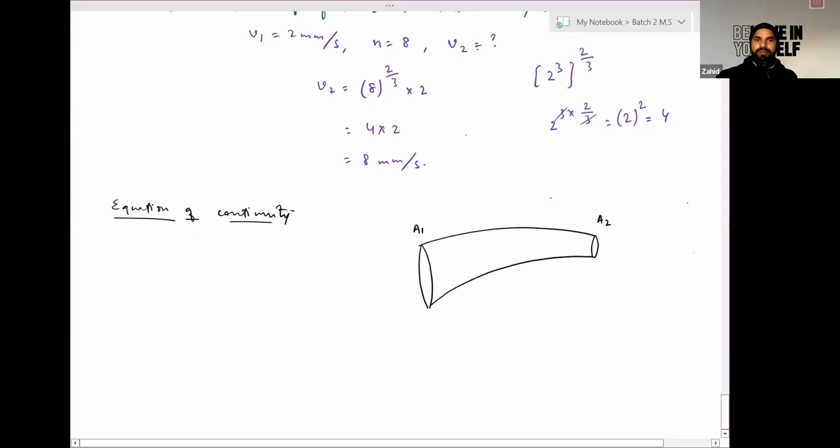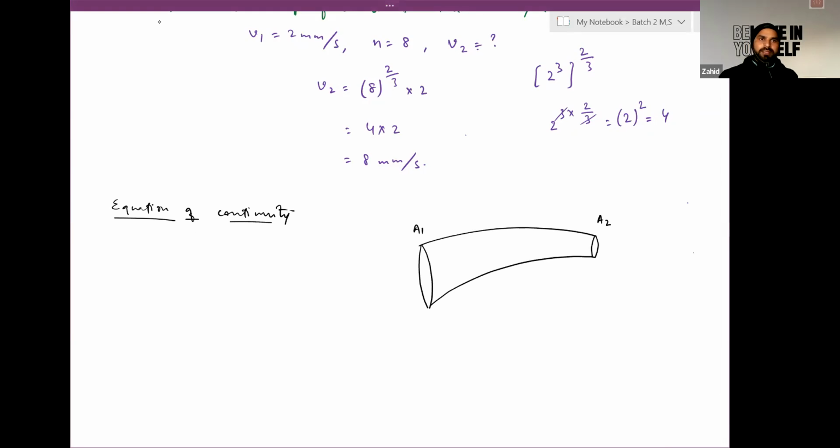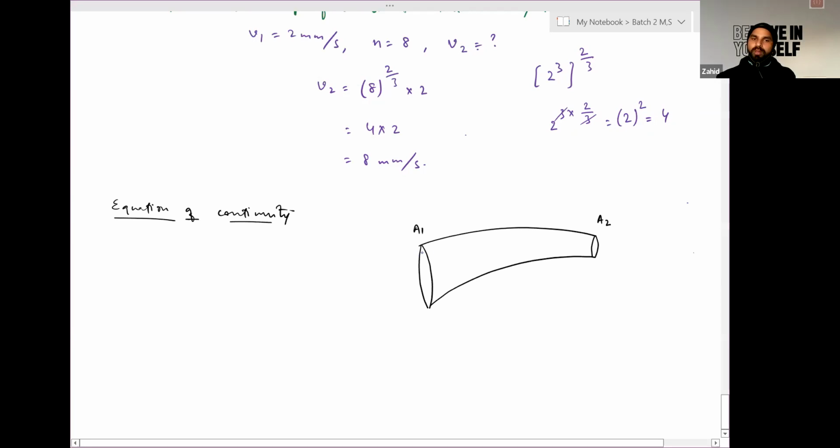Area of cross section at this point is A2. And a non-viscous incompressible liquid is flowing. Since this liquid is non-viscous, each layer will move with the same velocity, let's say V1. And at this point, the velocity of each layer of liquid will be the same, that will be V2. So we have to calculate the relation between area and corresponding velocity of the layer of liquid at that instant.